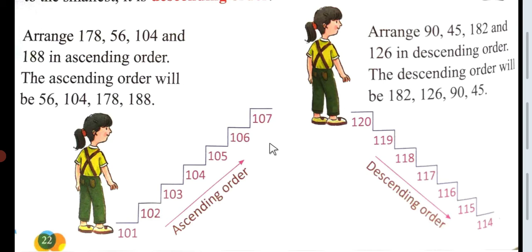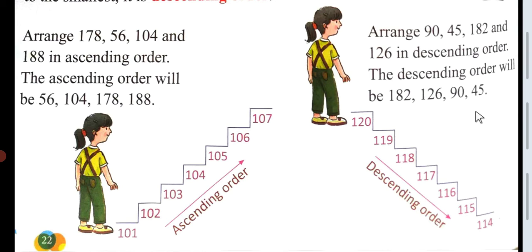Going up is ascending and going down is descending. So arrange 178, 56, 104, 188 in ascending order. The smallest number is 56, it will come first, 104 will come second, then 178 will come third, and 188 will come last. So this is small to big.